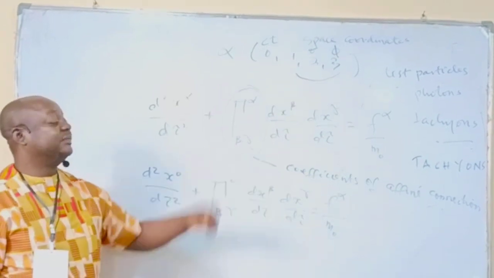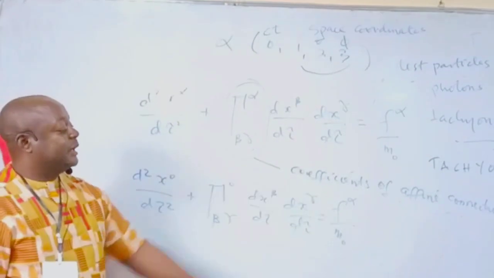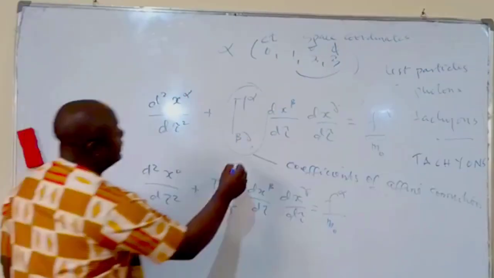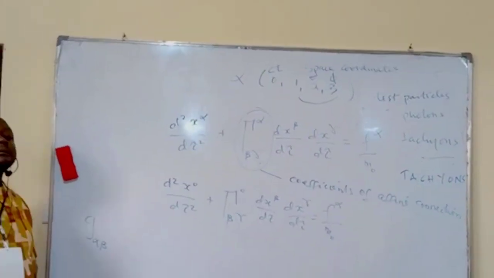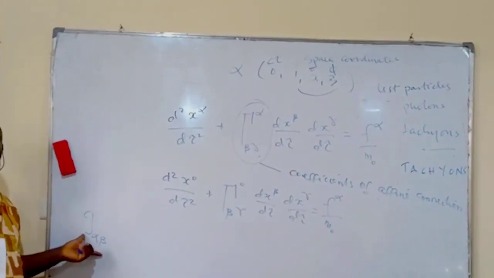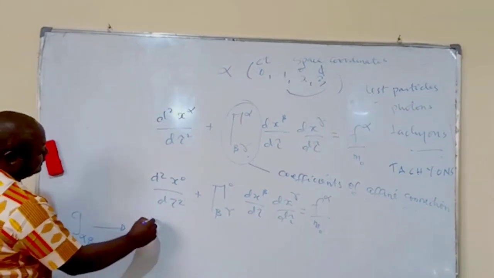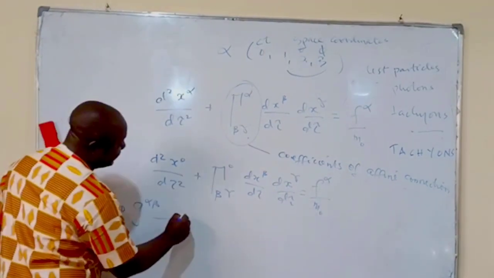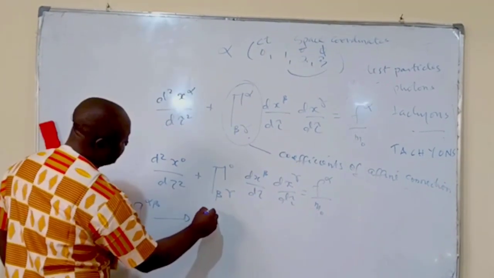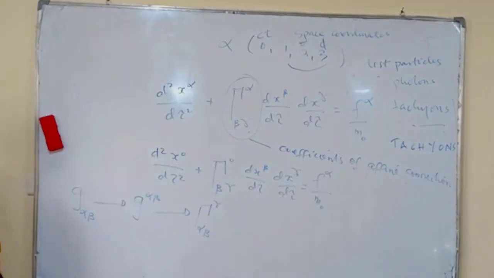So it's going to have 64 components. And actually, this is defined from our metric tensor. From our metric tensor, we can get this other metric tensor, and then from there, we can get our coefficients of affine connection.